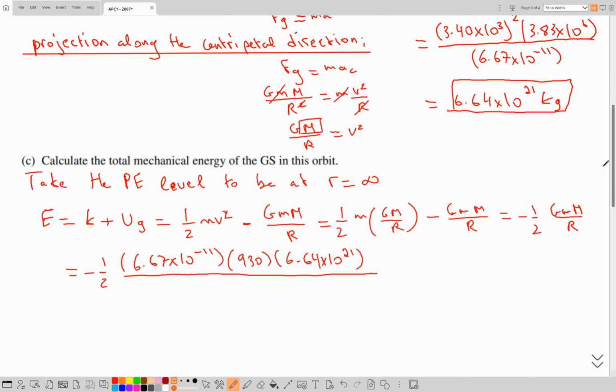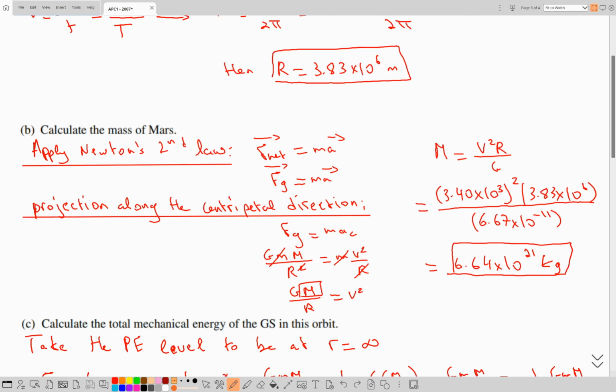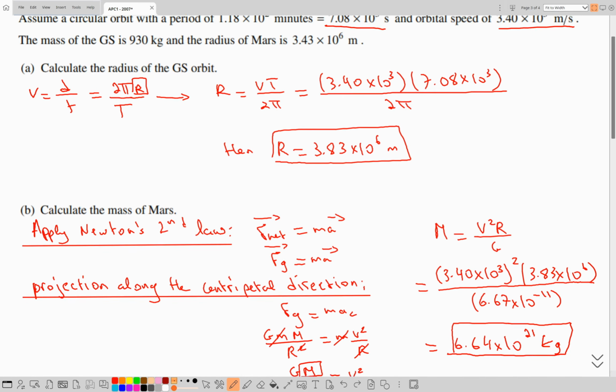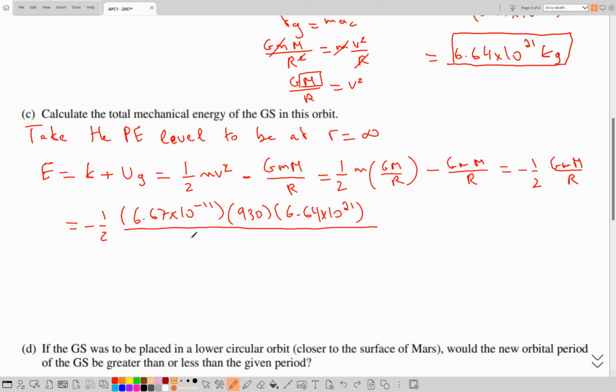And the orbital radius is basically given by 3.83 times 10 to the power 6. Now plugging that expression on the calculator, the mechanical energy is given by a negative value, which is minus 5.38 times 10 to the power 9 joules.